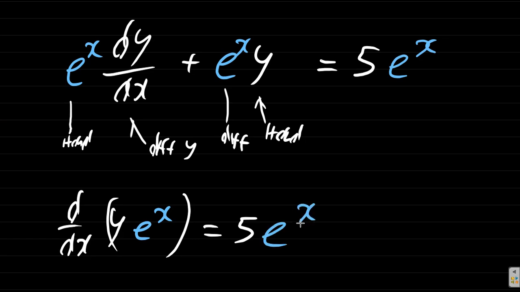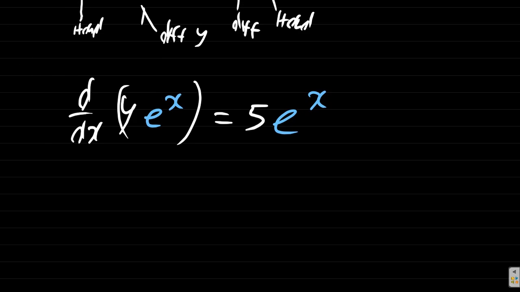Now, we integrate both sides, alright? So, we find the integral of d by dx of y e to the x is equal to the integral of 5 e to the x dx, both sides with respect to x. X is the variable. When you integrate the derivative of anything, you get back that same thing.